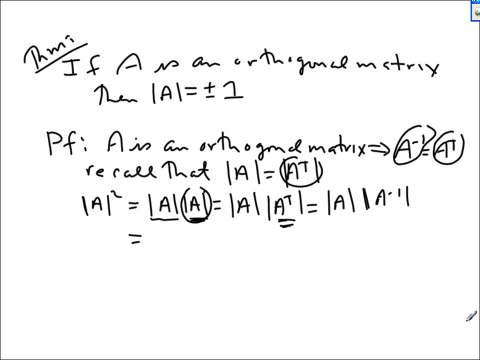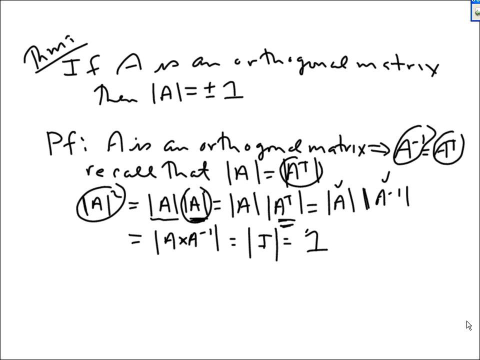But the determinant of one matrix times the determinant of another matrix is the determinant of their product. Now A times A inverse is I, and the determinant of I is 1. So the determinant of A squared is 1.